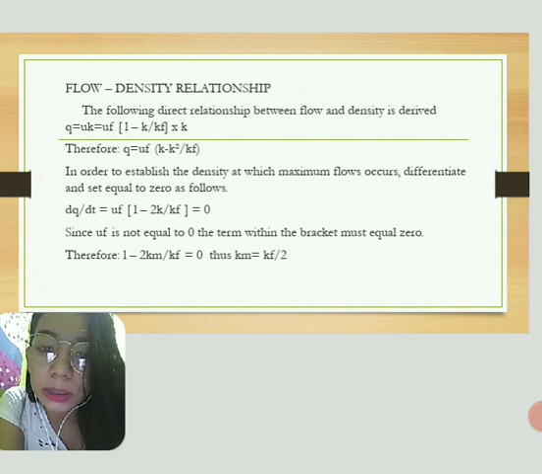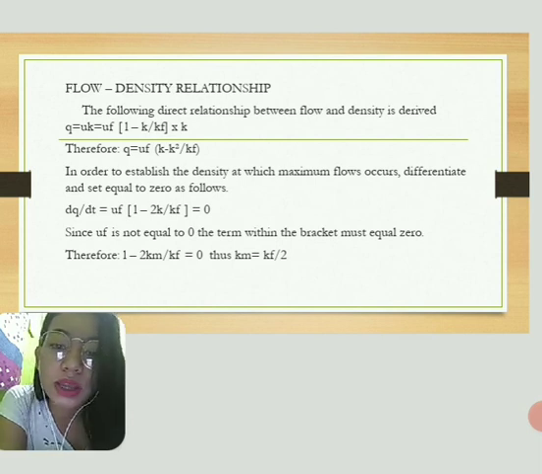In order to establish the density at which maximum flow occurs, differentiate and set equal to 0 as follows. Since Uf is not equal to 0, the term within the bracket must equal 0.